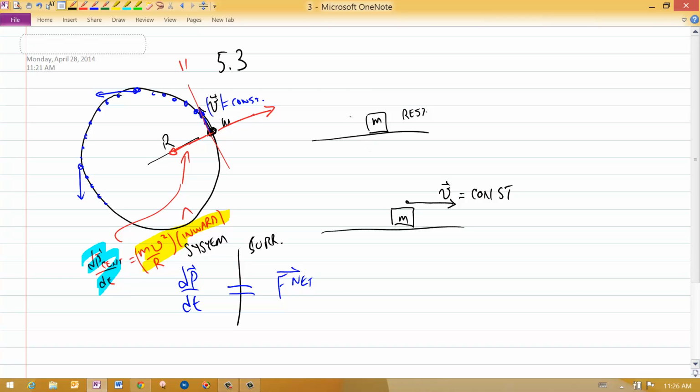Here we've got a situation where the object is at rest, and you very naturally think to yourself, if the object is at rest, the forces should balance. So I've got dp system dt is equal to 0. So not only is the momentum not changing direction, it's not changing magnitude, that magnitude is 0 all the time, so the net force from the surroundings has got to be 0.